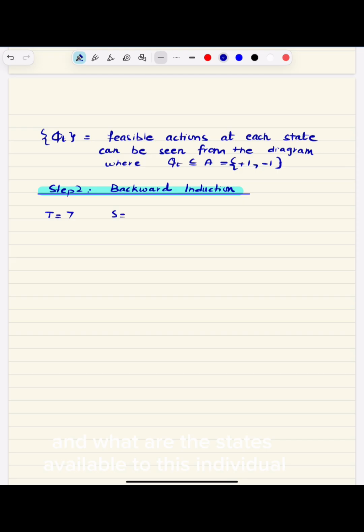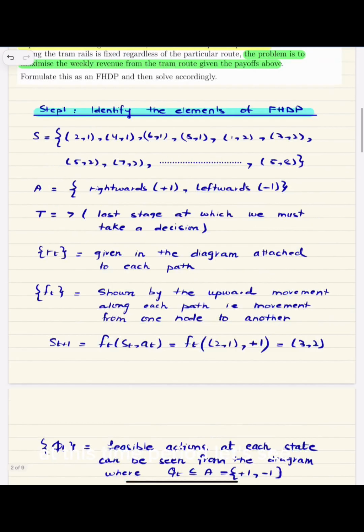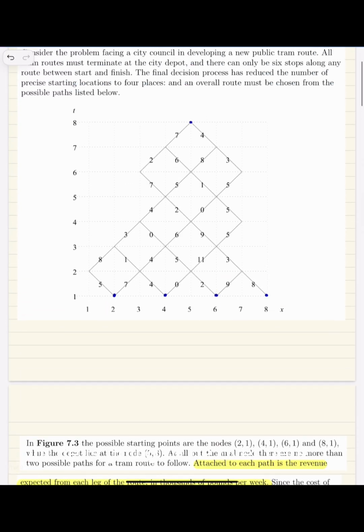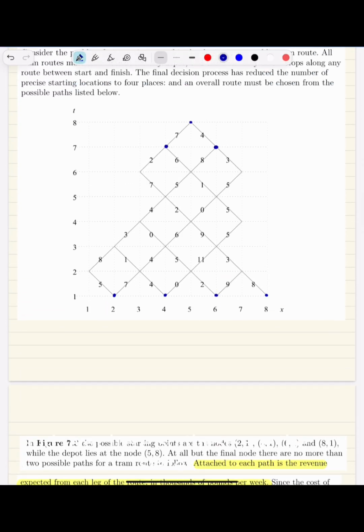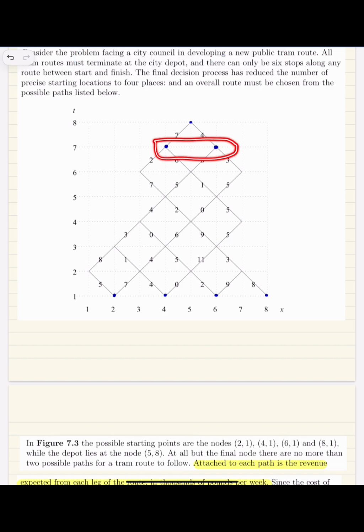And what are the states available to this individual at this time period? Let's see. He is going to be over here and over here. So these are the states he could possibly be in at time period 7: a 4, 7 and a 6, 7.